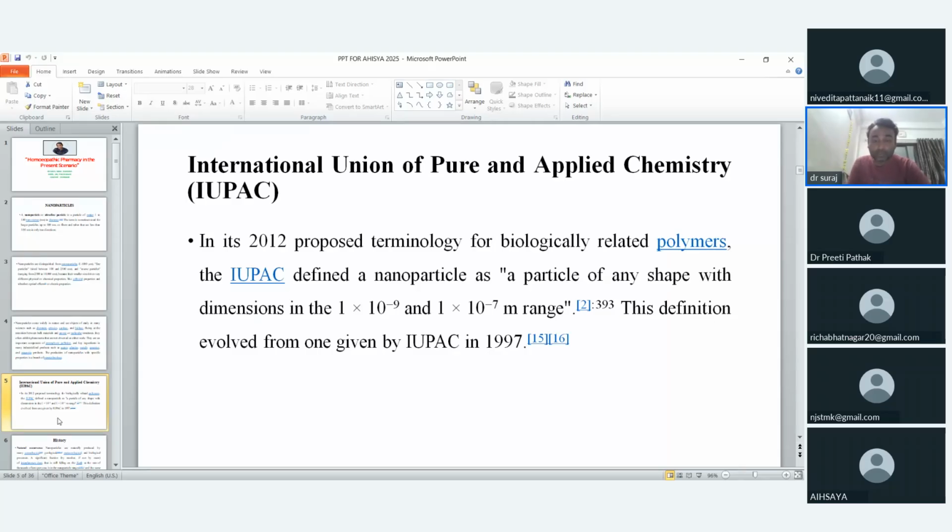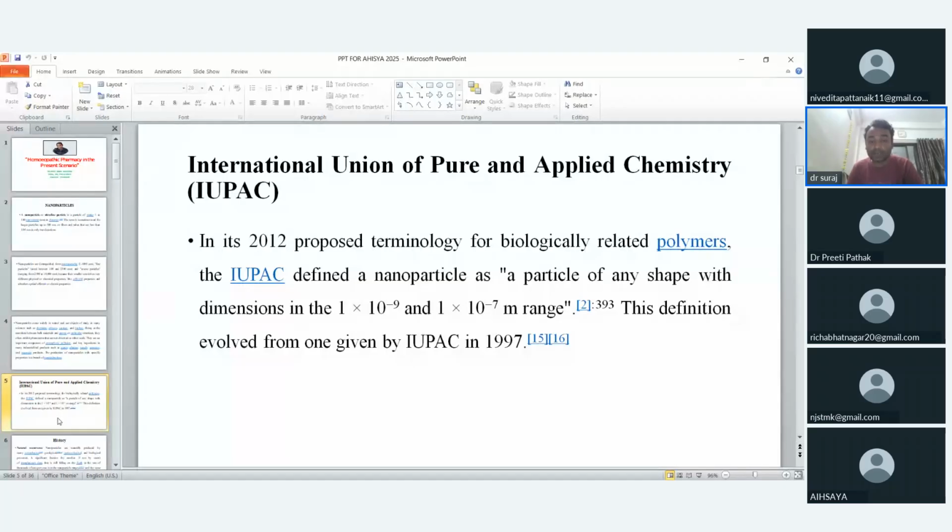So this is the IUPAC classification. They define such minute microstructures in terms of their range, their division, and their categorization in size or mass of particle. This definition evolved from this association in 1997. So IUPAC plays a major role.